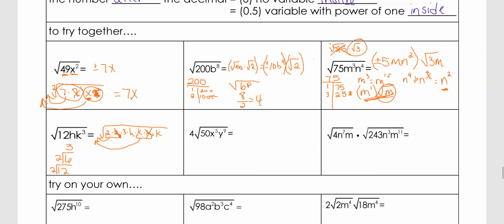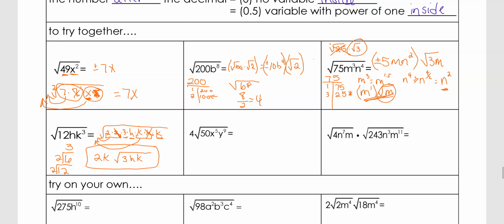So we had a 2 and a K on the outside. And then on the inside, we have 3 H K. So our final answer is 2K times the square root of 3HK.